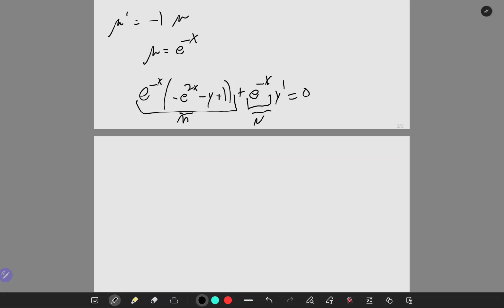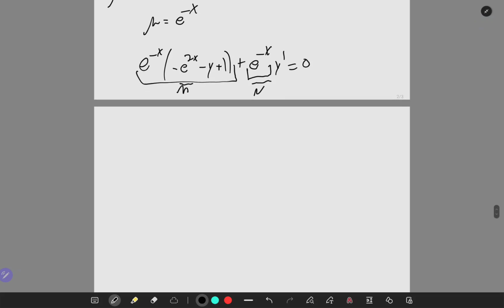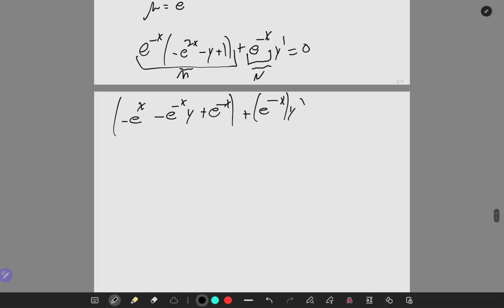That's not right. Let me check that really quick. Oh no, I'm good. When I initially did it, I had them in a different order. That's all. So this will be minus e to the x minus e to the -xy plus e to the -x. And then that's plus e to the -xy prime. Okay. This is our m twiggle. This is our n twiggle.